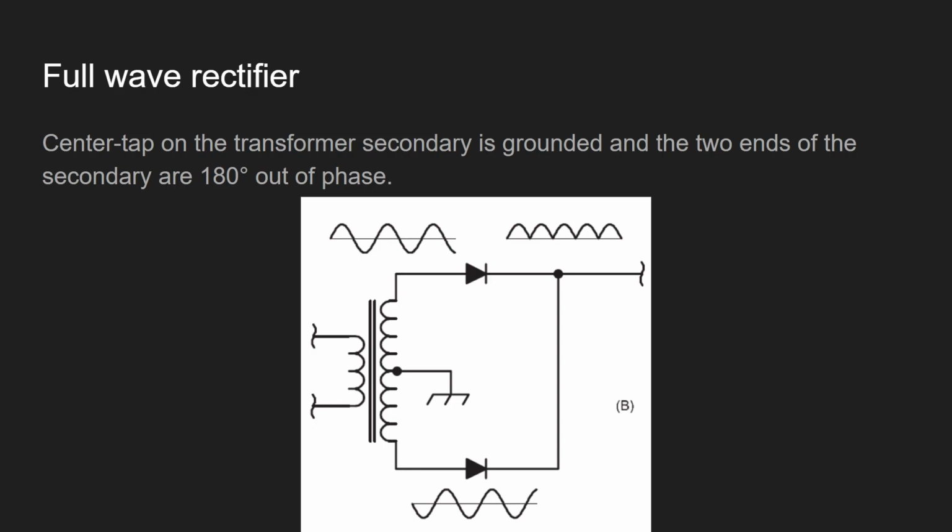When this part is at the max, this part is minimum, so this part will not have current flow through, will not have voltage flow through. So the phase is flipped. When the second part is positive, it becomes negative here, and negative is blocked by this diode. This part is allowed through this diode, so it becomes 0, and the second part here can go to the output, and then it turns on and off: first part, second part, first part and second part.